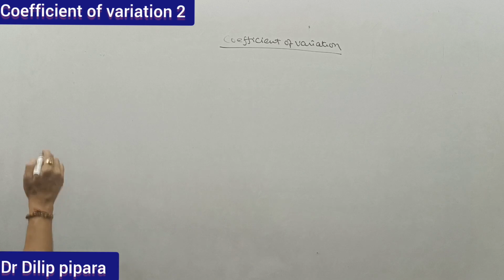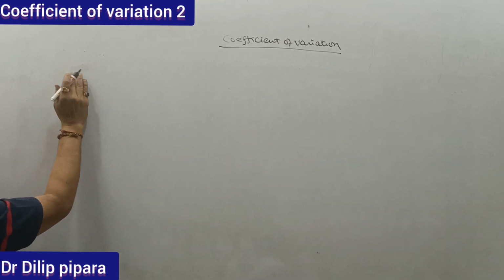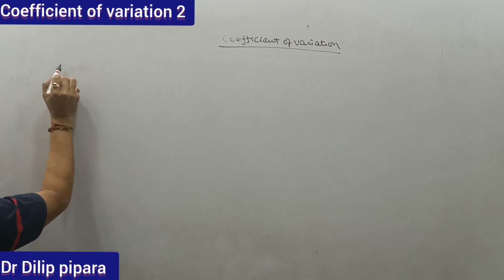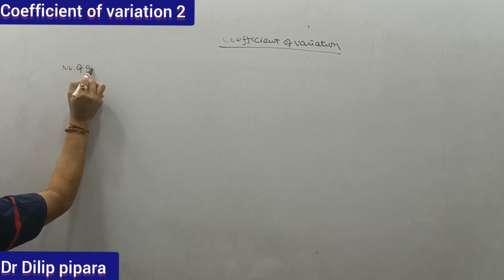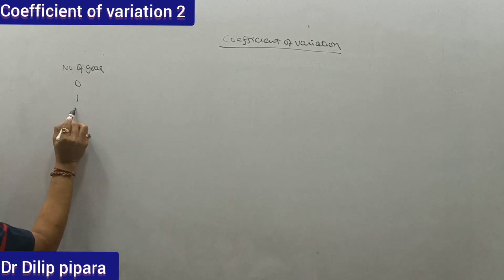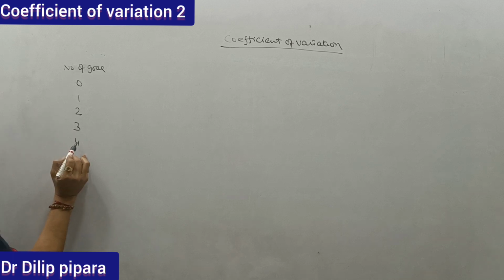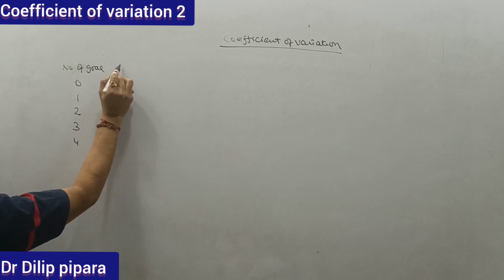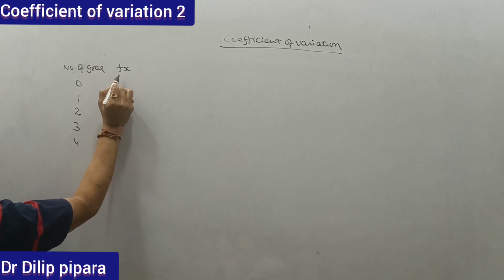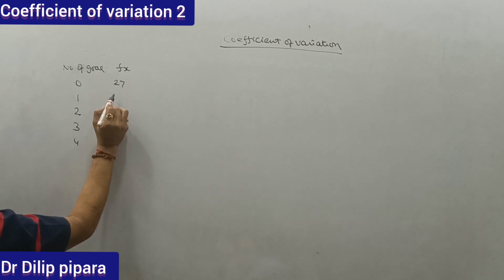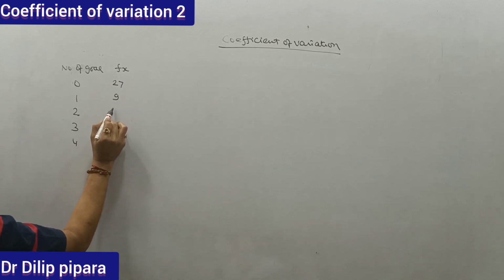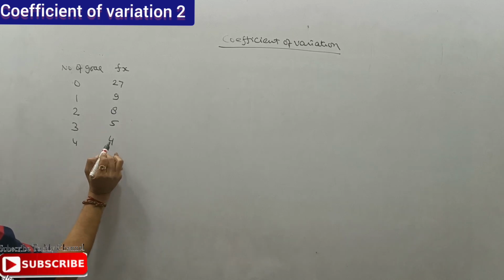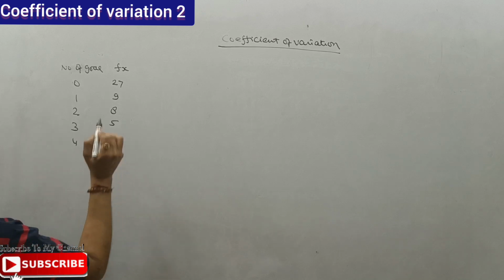Goals scored by X team: 27 times 0 goal, 9 times 1 goal, 8 times 2 goal, 5 times 3 goal, and 4 times 4 goal. This is A team.